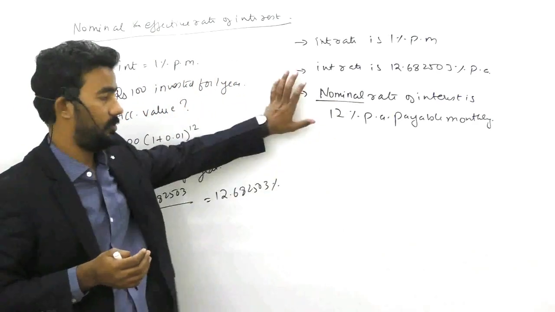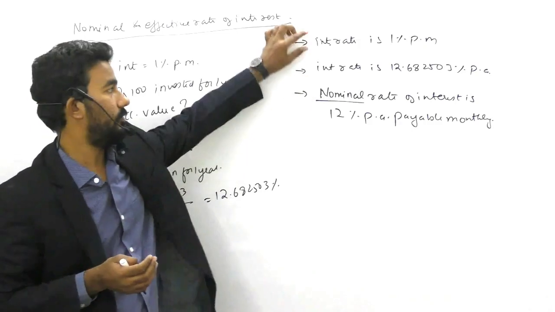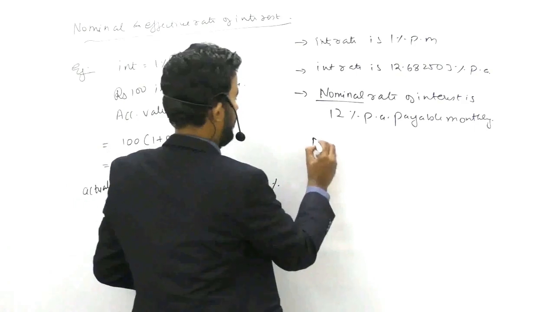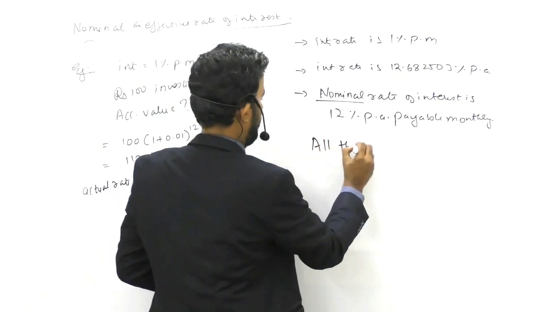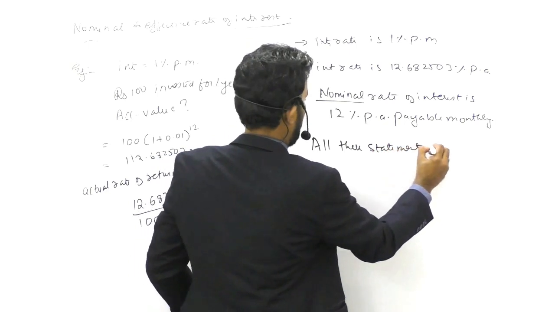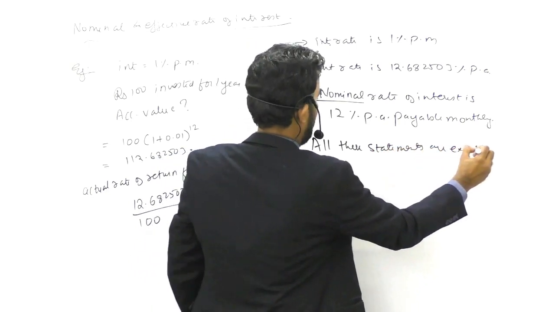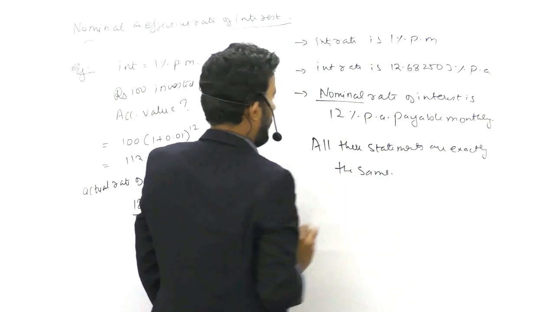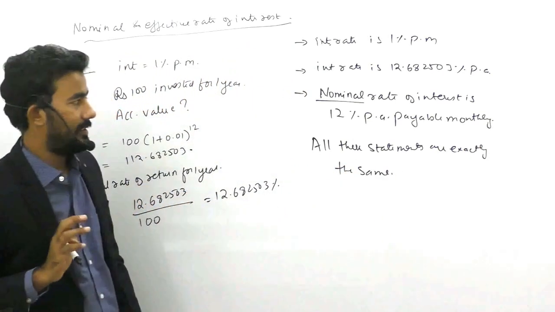The statement is not wrong. This is just another way of writing the first statement or the second statement. So all above 3 statements are exactly the same. All 3 have got exactly the same meaning.